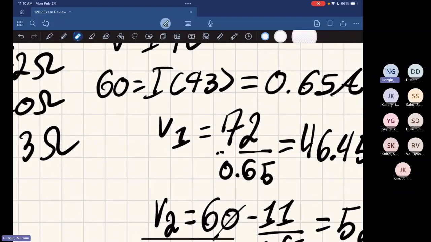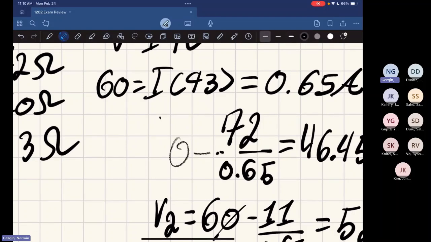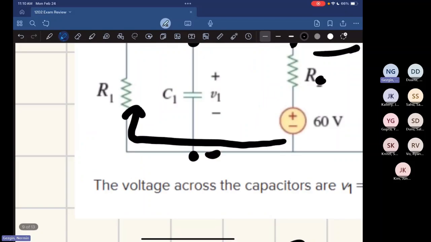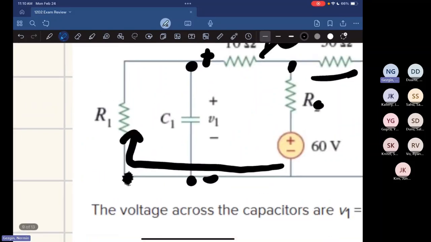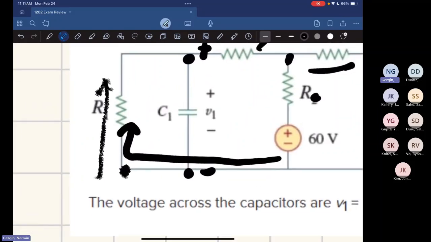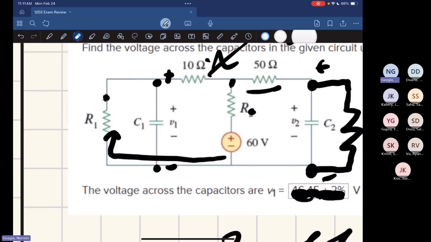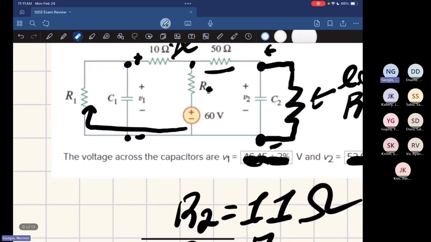So basically for V1, we did it backwards, because that's the voltage of the node that we came from, which is this node right here. Then we found what it should be here using this side as our voltage source. Does that make sense? Everything makes sense, I get it now. Thank you.